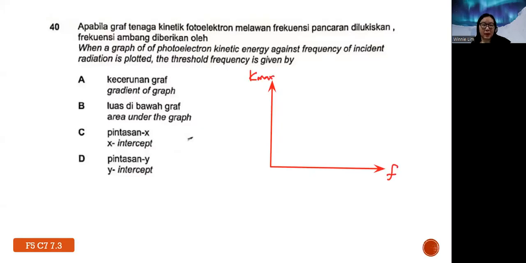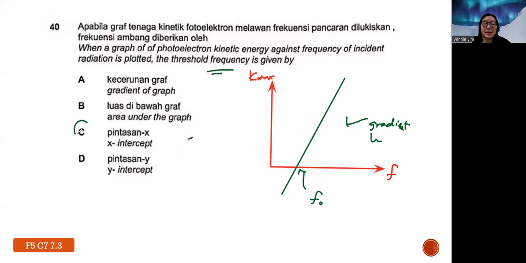And the graph that you obtain normally looks like this. The x-intercept itself refers to the threshold frequency f0, and the gradient is actually the Planck constant, h. So this is some basics regarding this graph. So that's why for threshold frequency, the answer is the x-intercept.